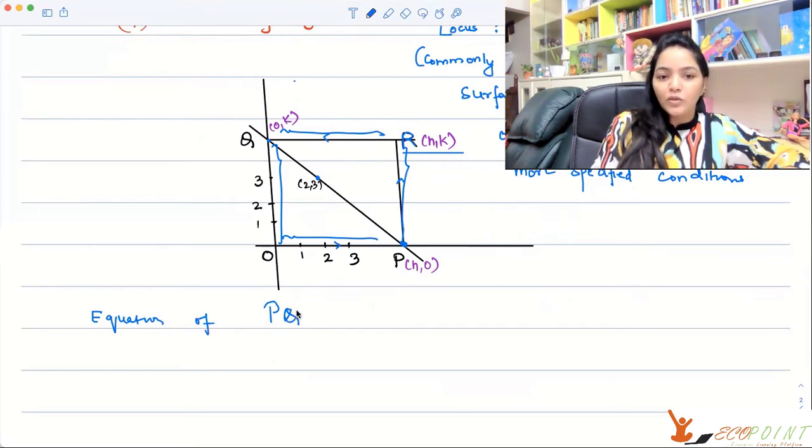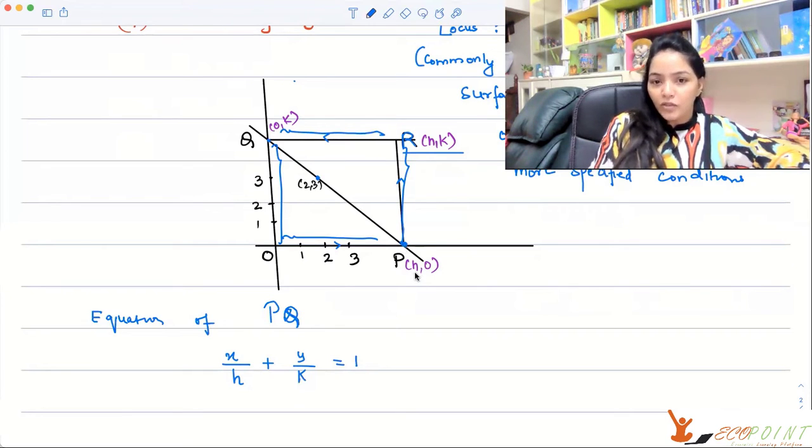Clearly, the equation of PQ is X upon H plus Y upon K equals 1.